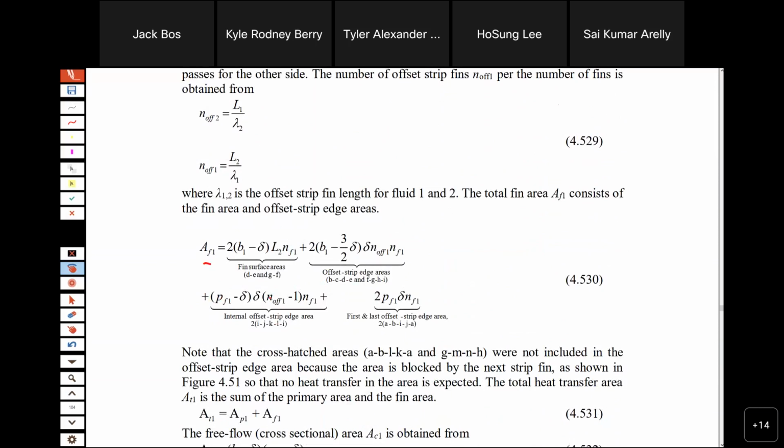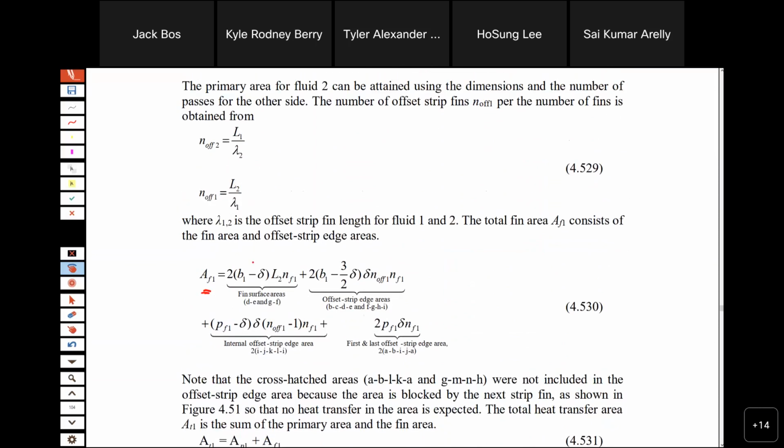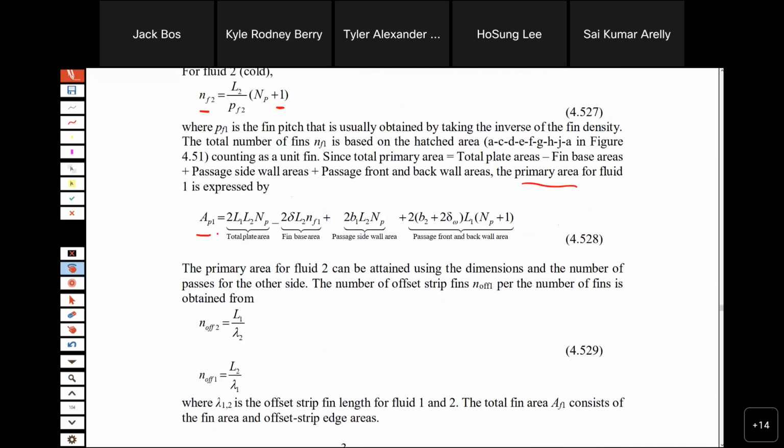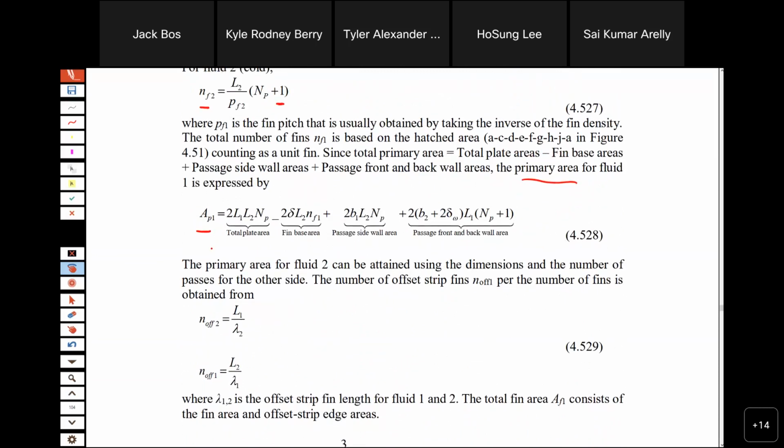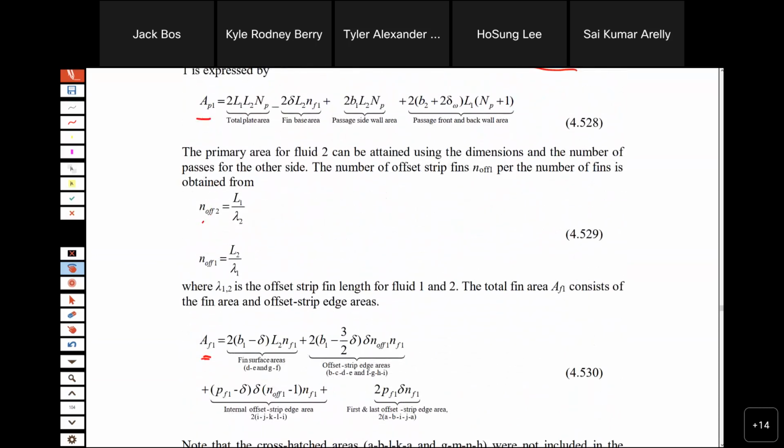As I mentioned, we take into account all the fin area and then primary area, and the offset number, how many offsets, fluid 1, fluid 2.